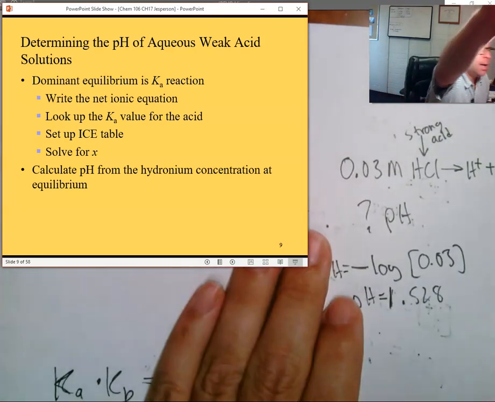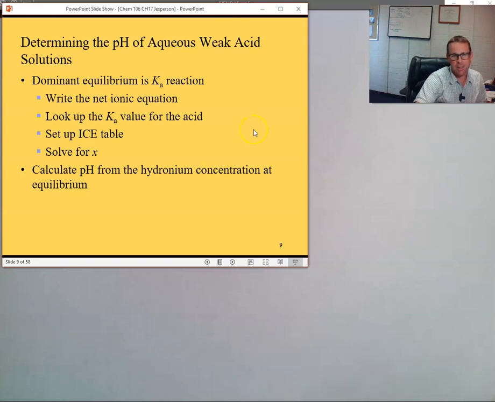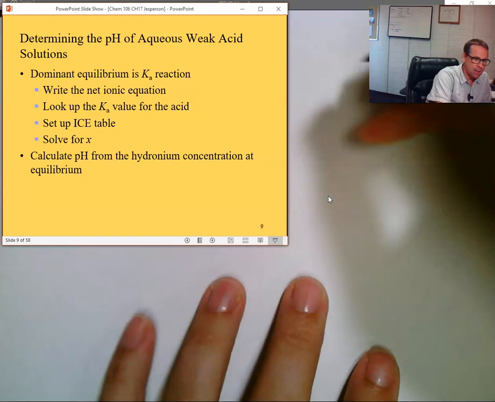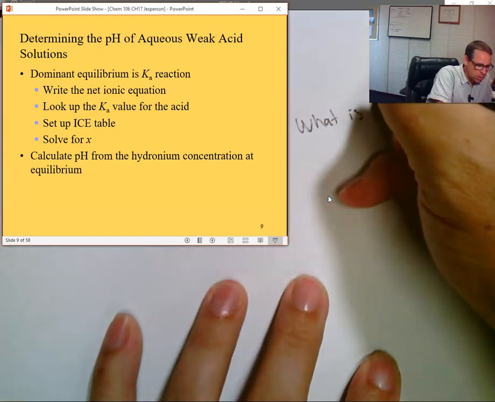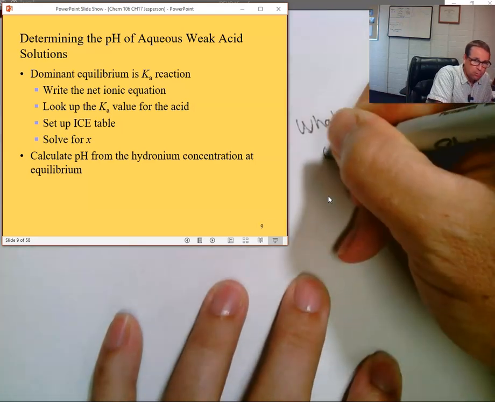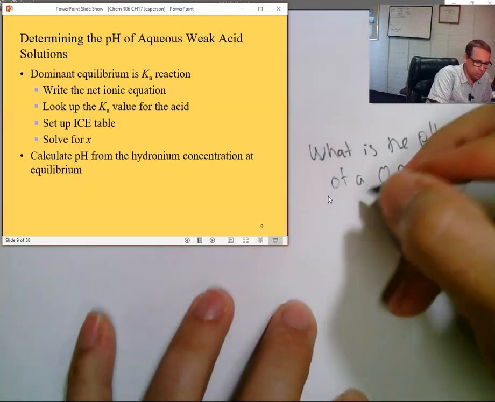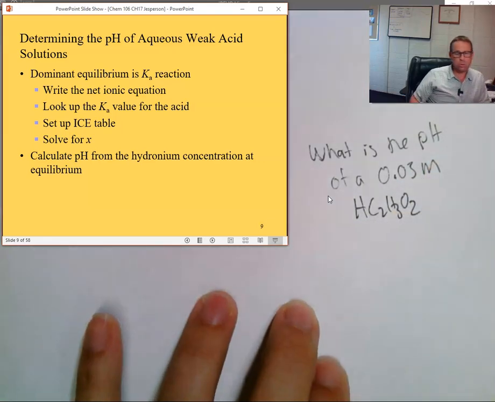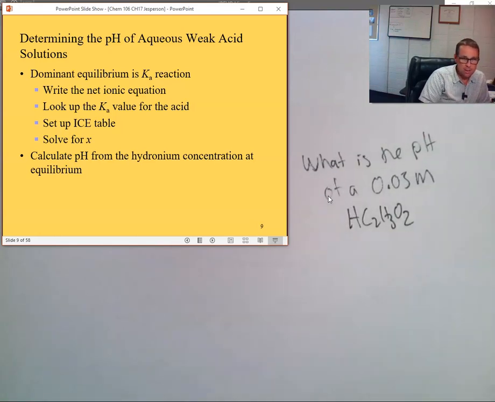Very good. Now, we haven't done any examples, but we do have the tools to do it. If I said, what is the pH of a 0.03 molar solution of this acid, HC2H3O2, which is acetic acid?